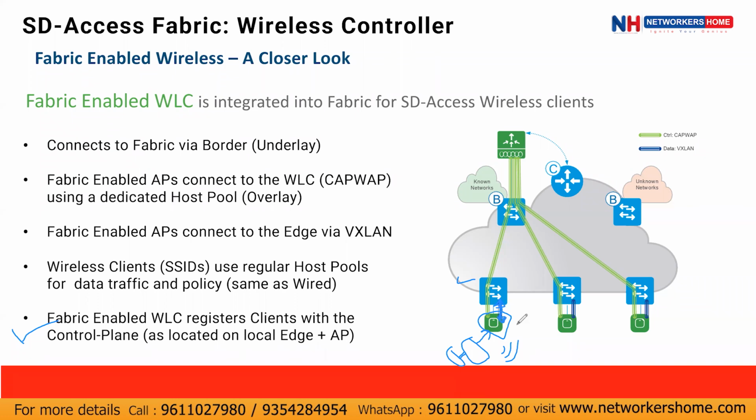So it will look like data traffic is coming from somewhere here. If there is communication happening between these two, it will be treated the same way. Don't think much about the wireless part. Just think that when anything connects on this access point, the same thing will happen as it would for a wired client. The same traffic flow happens. Okay, got it.